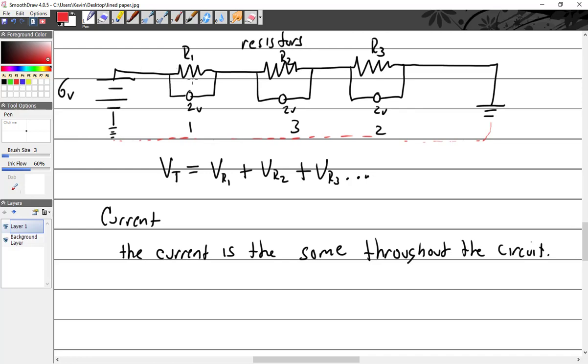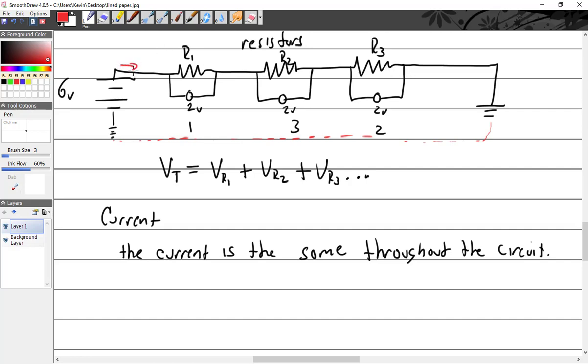We lose a little bit of pressure across R1, a little across R2, a little across R3. Lose a little potential. If we add up how much we lose across each one, it equals the total. That should make sense. But current is actual flow. If this was a pipe with some water, isn't the same amount flowing through R1, R2, and R3?